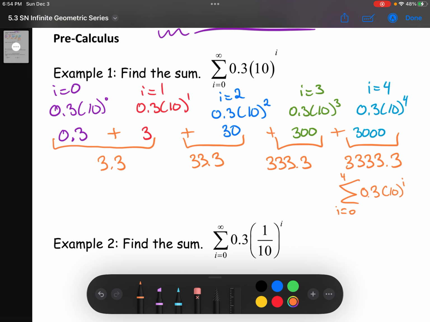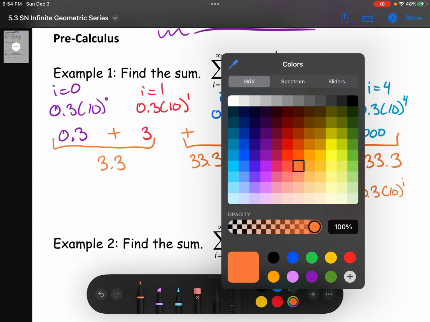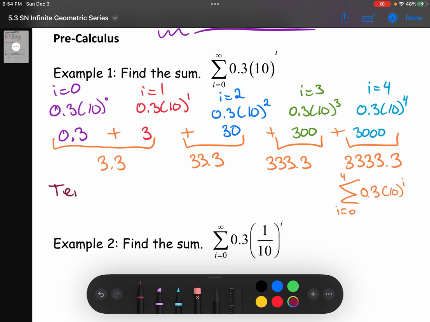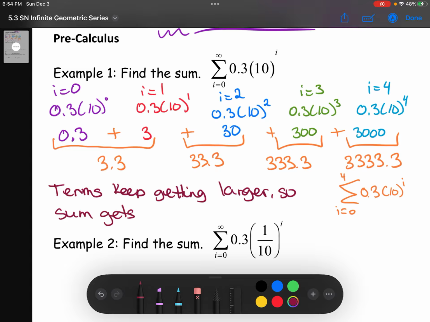And we notice as we keep adding terms, the terms keep getting bigger. And that's the key to what we're going to look at today. The terms keep getting larger, so the sum gets larger. It's going to get larger and larger all over again.